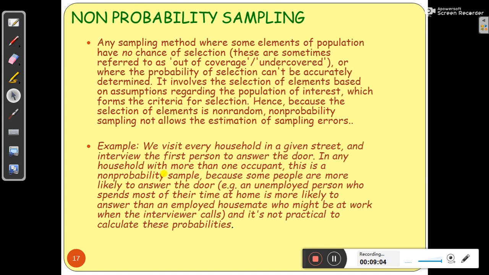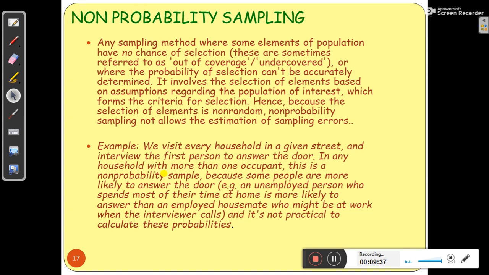So this is a scenario where we cannot apply probability based sampling, because some people are more likely to answer the door and some people more likely not to, and we cannot decide which one will be best using probability sampling.